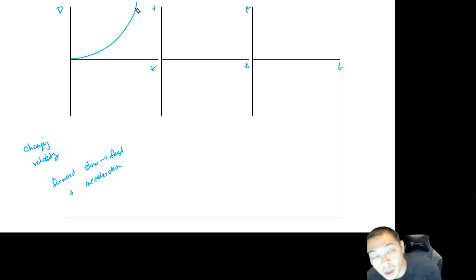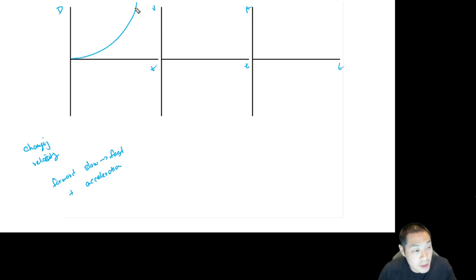I'm not going to redraw this in 3 separate ways because I think it'll get too confusing, but just know, once again, it could be here, it could be up here, it doesn't really matter. All that matters for displacement versus time is the slope. This is kind of the trick here: we want to look at what's happening as it goes up.